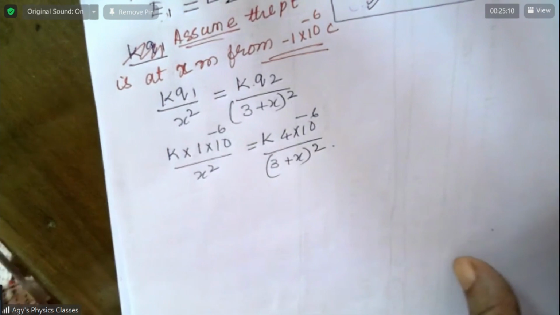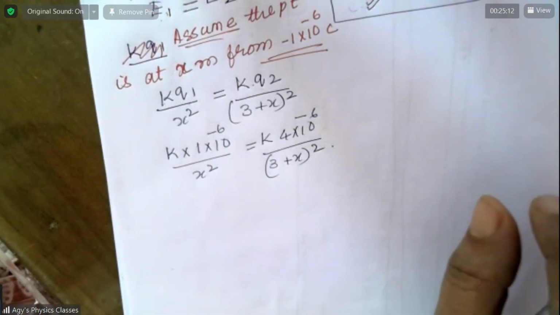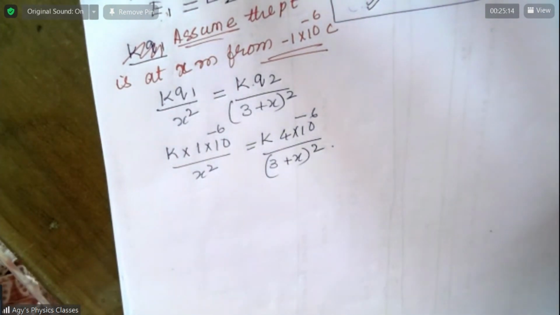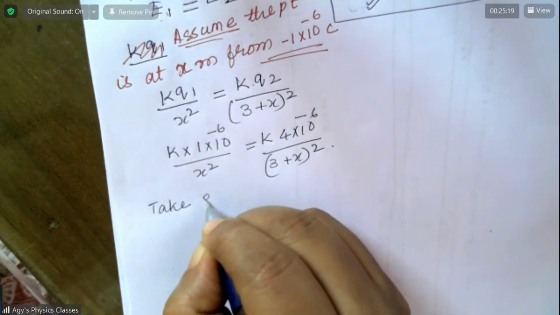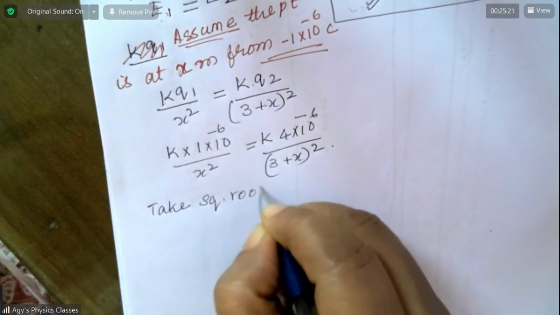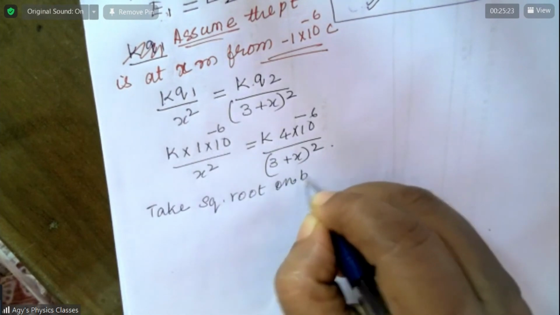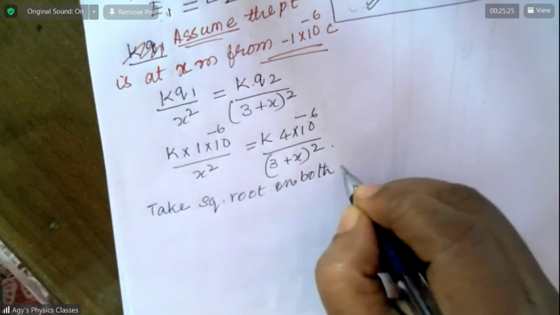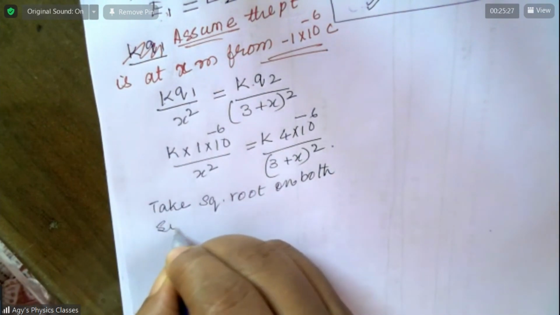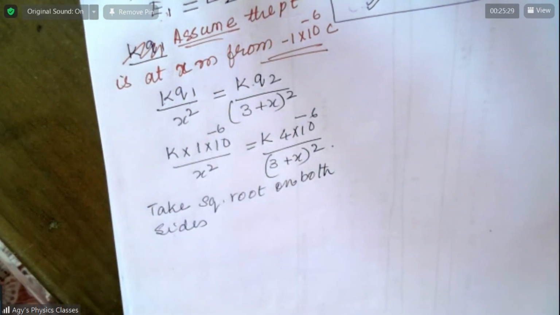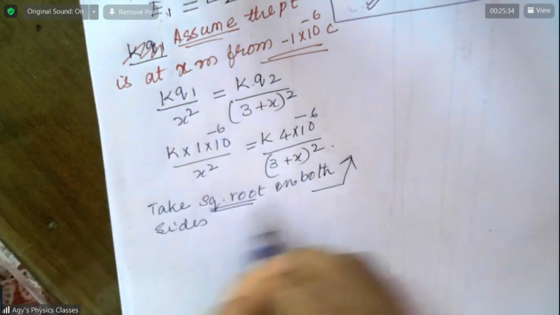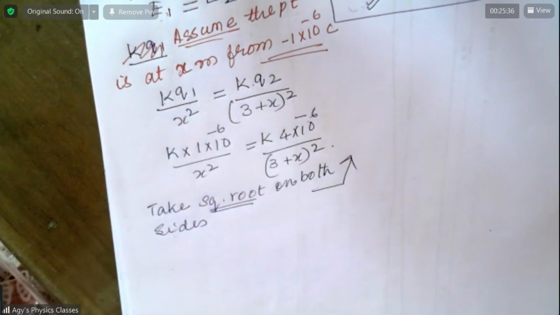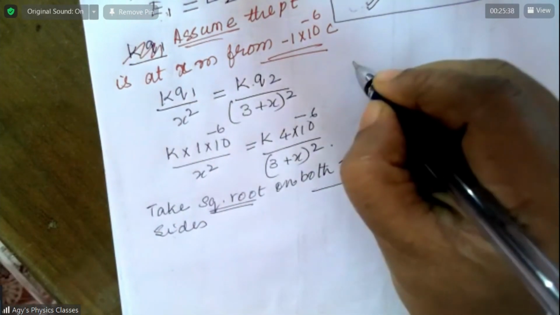Now what to do? What is the easy way? Take square root on both sides. When you take square root of this, what will you get?